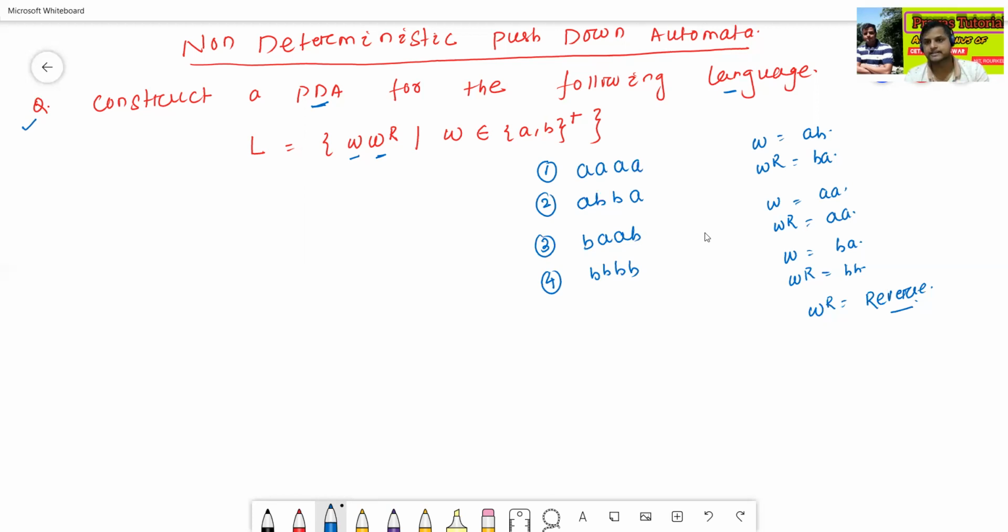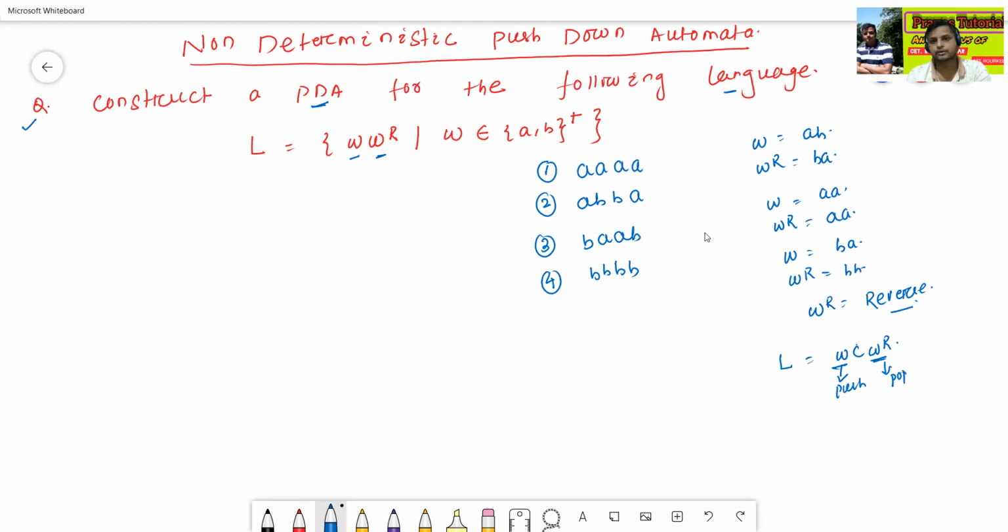But in the previous class, you saw the question L equals W C W^R. In that case, C is the identifier, meaning before C push, but after C pop. But in this case, there is no identifier.